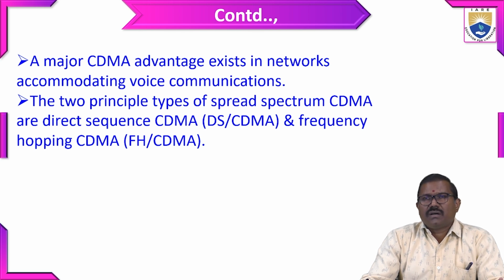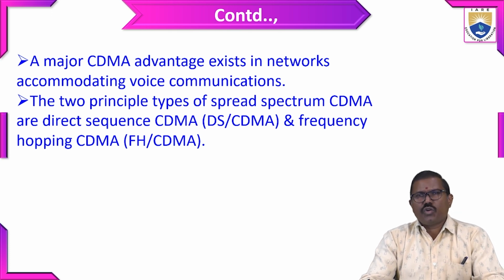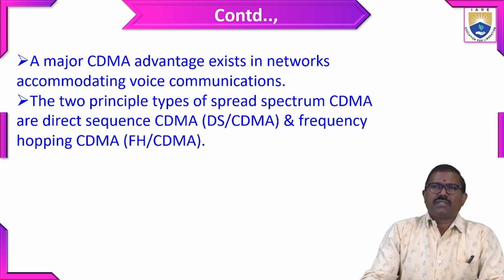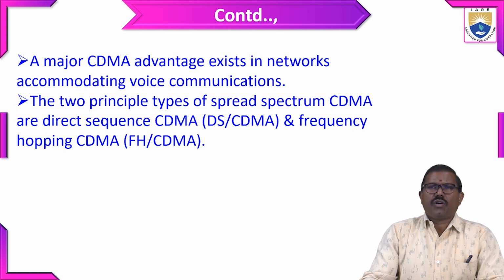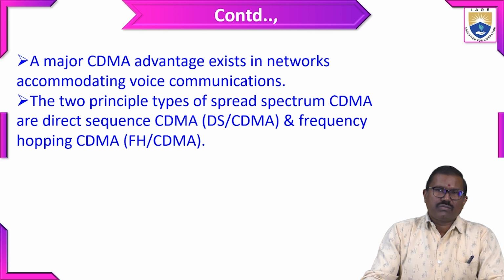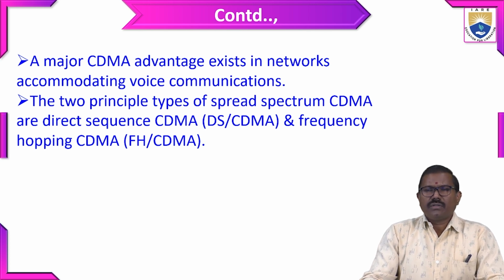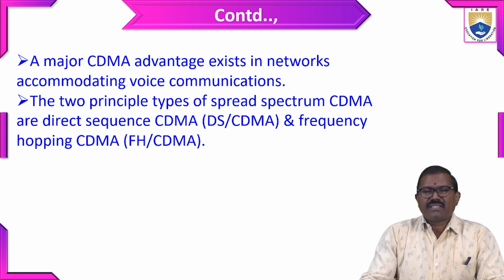But in this syllabus, we are having CDMA using direct sequence, so that's why we are discussing CDMA with direct sequence spread spectrum. Frequency hopping is also there, but it is not in this syllabus.